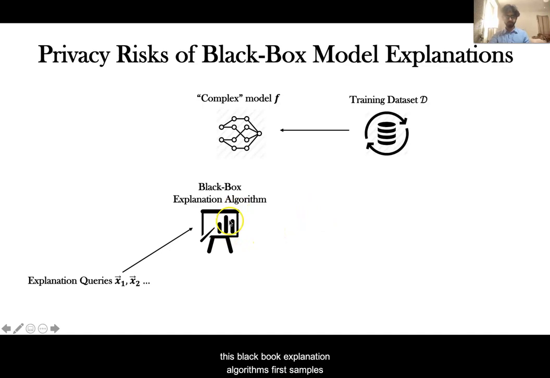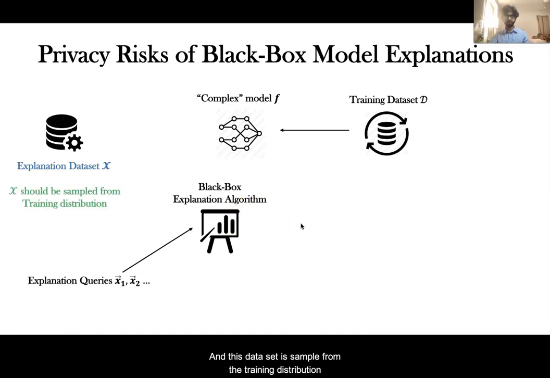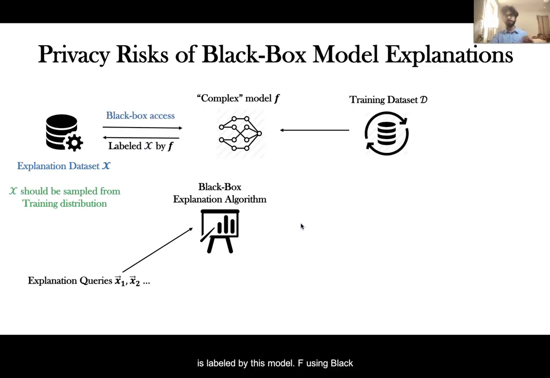This black box explanation algorithm first samples an explanation dataset, and this dataset is sampled from the training distribution which consists of real individuals. Now this explanation dataset is labeled by this model F using the black box access that this explanation algorithm has. Now, given this information, the black box explanation algorithm generates explanations for each individual query.